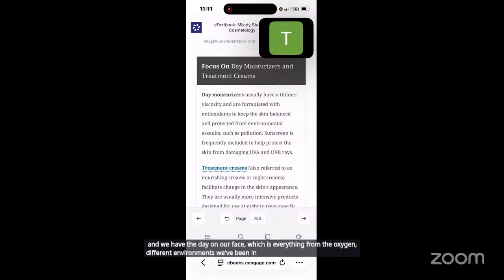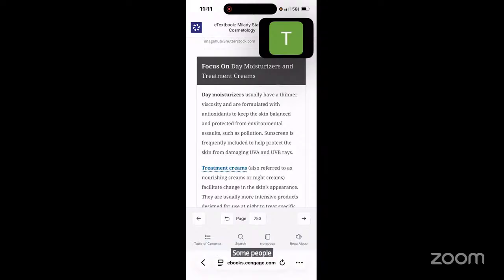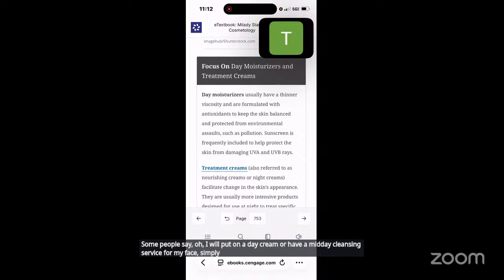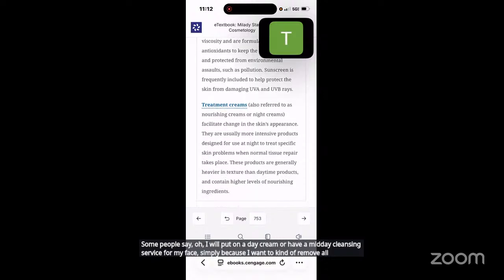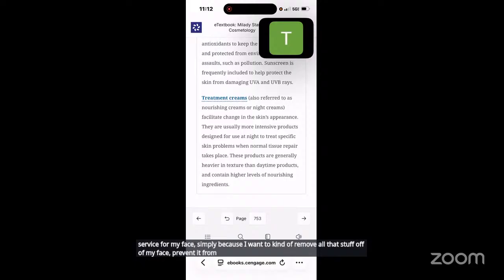So those deposits, you've been around somebody smoking, all of those deposits are sitting on the skin. So some people say, I will put on a day cream or have a midday cleansing service for my face simply because I want to remove all that stuff off of my face and prevent it from just sitting on the skin.